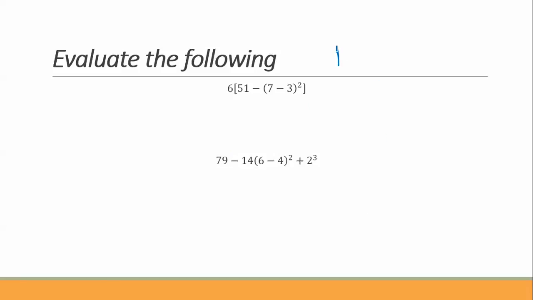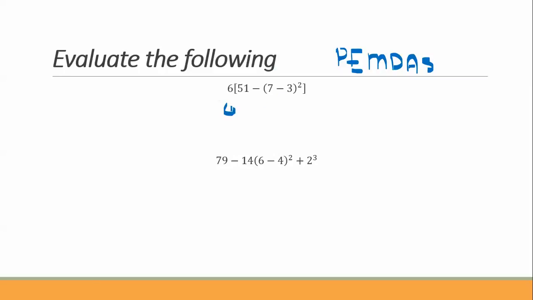Again, parentheses, exponents, multiplication, division, addition, subtraction. So the first thing we have to do is parentheses, what's in the parentheses. This one has a big set of parentheses and a little set of parentheses. So we have to do the inside parentheses first, then do what's in there, and then keep going.